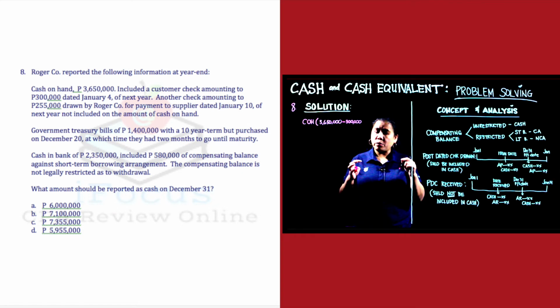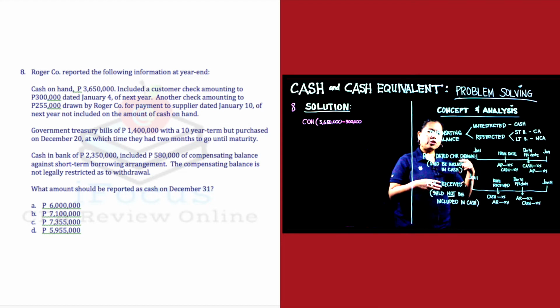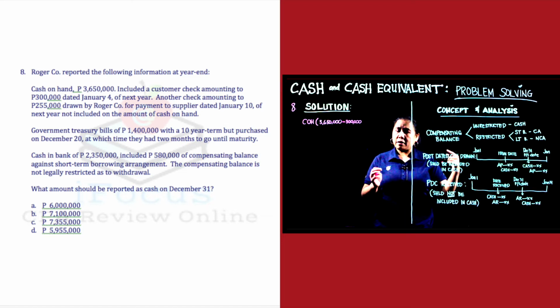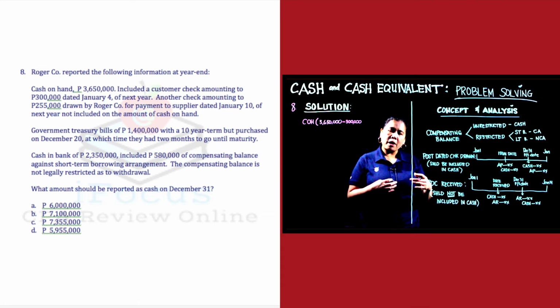Ito po ay post-dated check issued by the company or post-dated check drawn by the company. So, anong nangyari? Nung in-issue niya yung check na ito, entry ang company na debit to accounts payable and credit to cash. Dahil post-dated, supplier, hindi pa niya mai-encash yan. Alright? So, meron pang control ang company whether i-cancel niya o hindi.